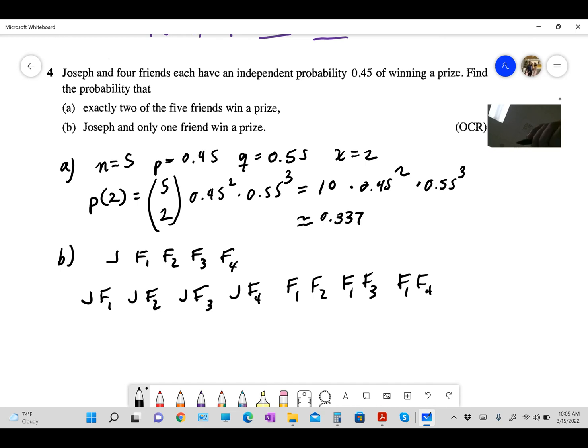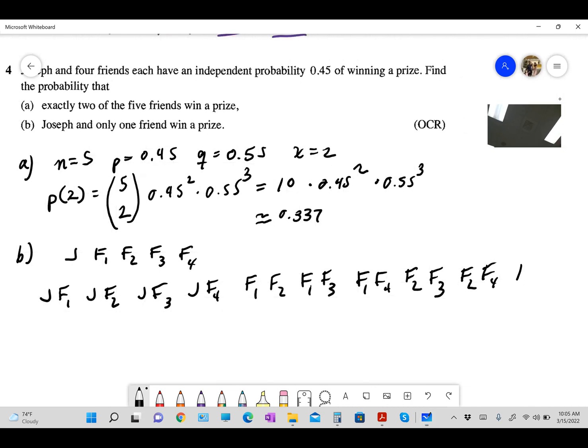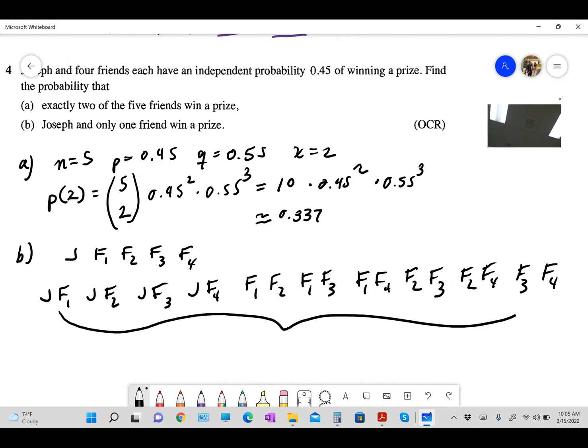Or maybe friend 2 wins with friend 3, or friend 2 wins with friend 4, or friend 3 wins with friend 4. And if you count these, there are 1, 2, 3, 4, 5, 6, 7, 8, 9, 10. That's what 5C2 does for you.